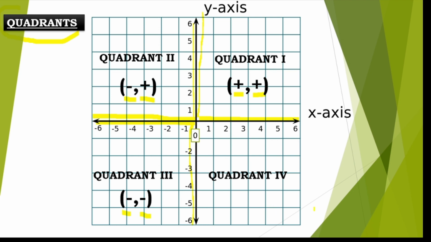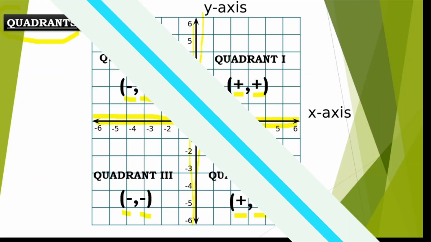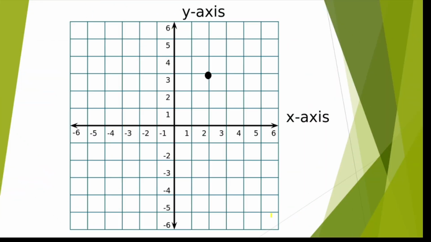While for Quadrant 4, as you can see, it is located on the positive value of x and negative value for y. Therefore, we can say that Quadrant 4 has the coordinates of positive for x and negative for y, or positive, negative. Now, observe the figure. We have here a point.